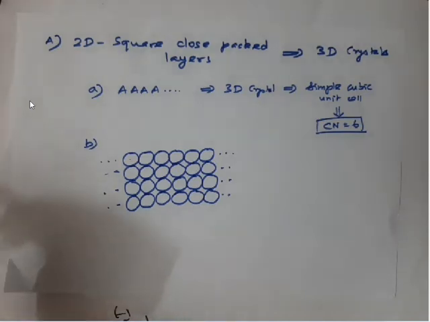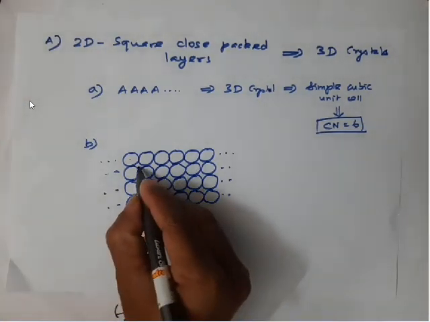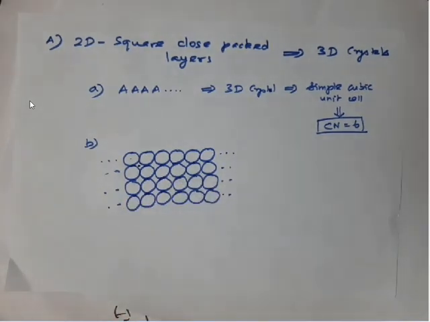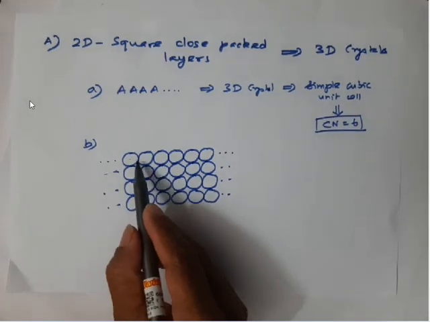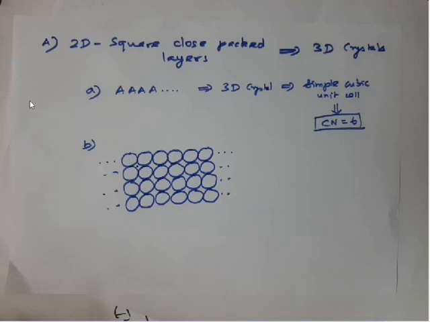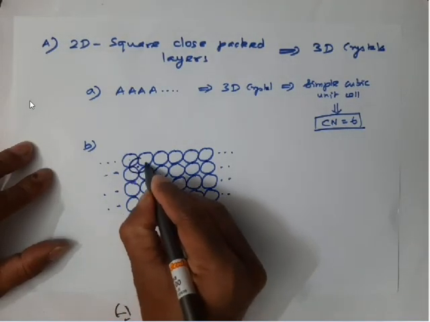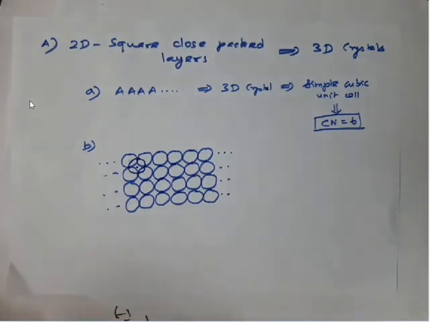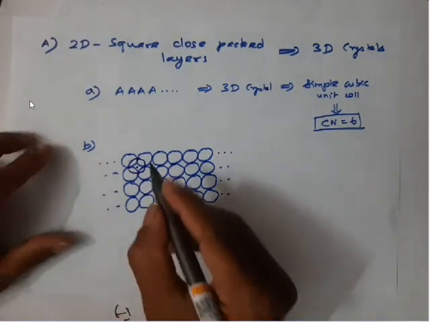Now what I am going to do is place the atom right in this place. Students, just concentrate on this place. If you bring 4 balls close together, you will get a depression at the middle. Now I am going to place the second layer atoms on the depressions of the first layer atoms.